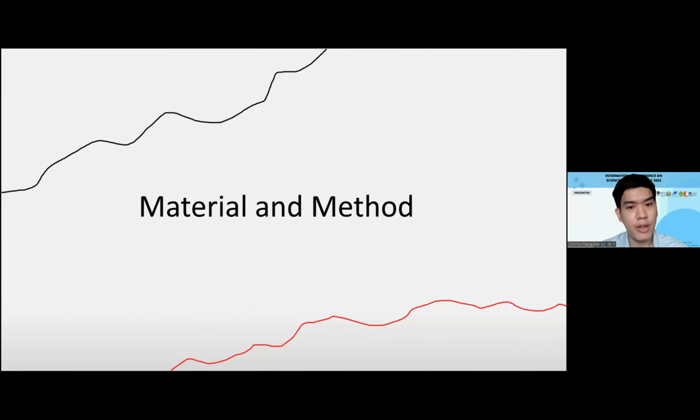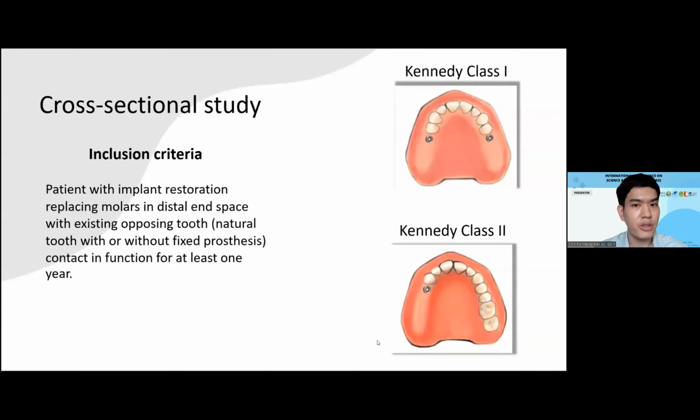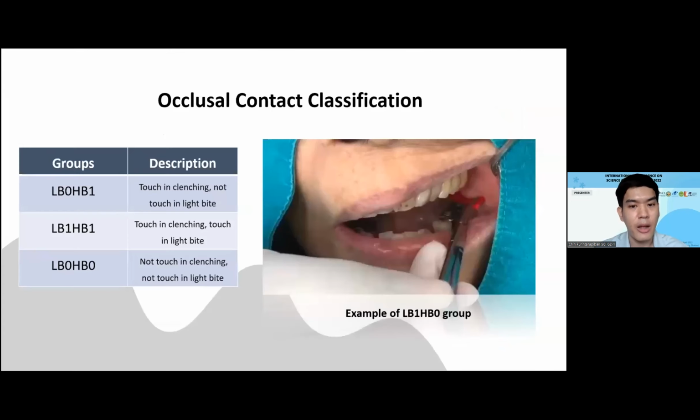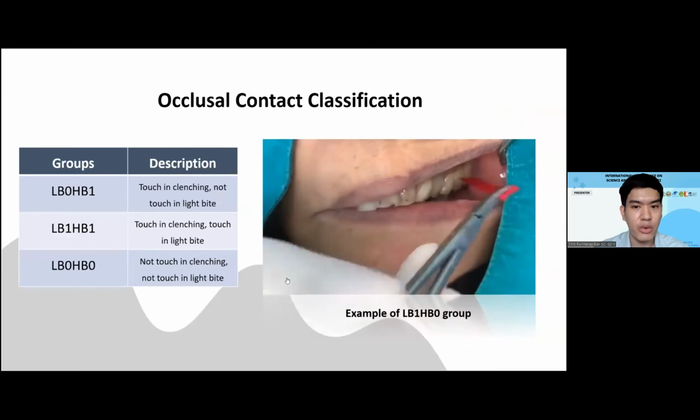For the methods, this is a cross-sectional study. The inclusion criteria were patients who had implant restorations replacing molars in the distal end space, with opposing natural teeth with or without fixed prosthesis, in function for at least 1 year. The group was divided into 3 groups.